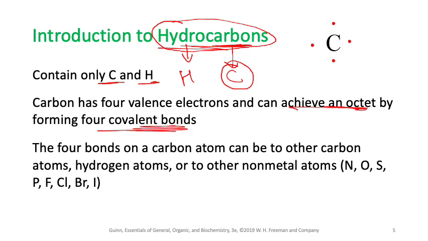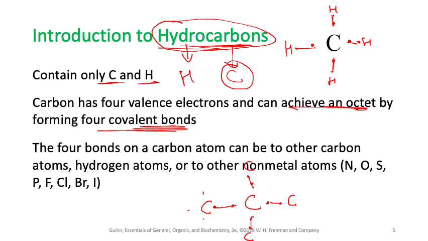So basically in a hydrocarbon, the other 4 atoms can be hydrogen. Hydrogen is going to share one electron and make a bond, right? Or carbon can make a bond with another carbon. This is also carbon, right?